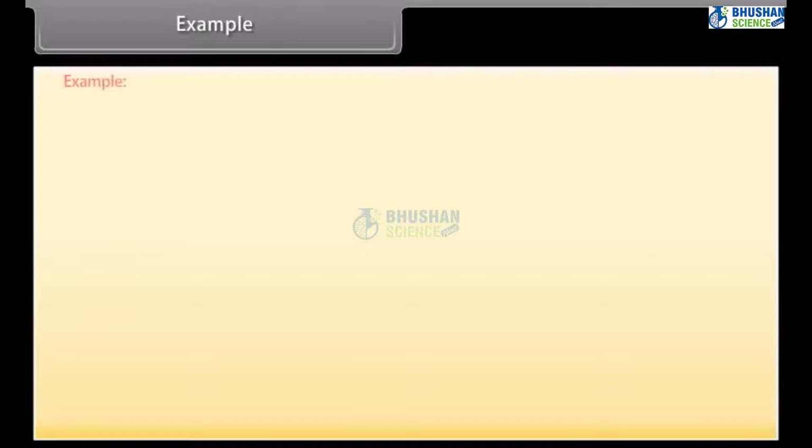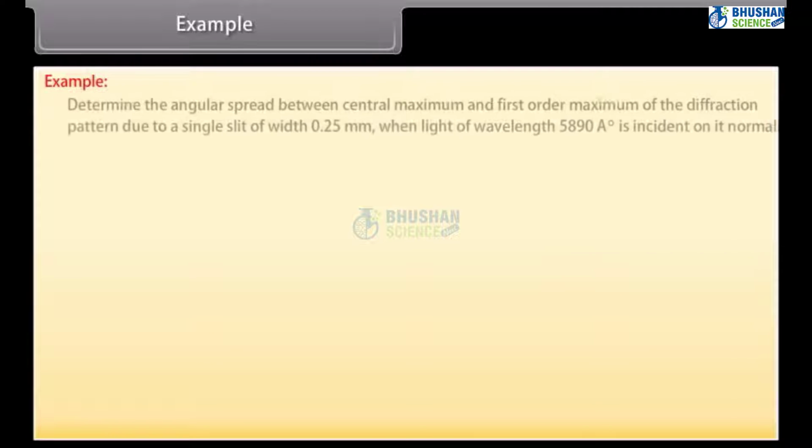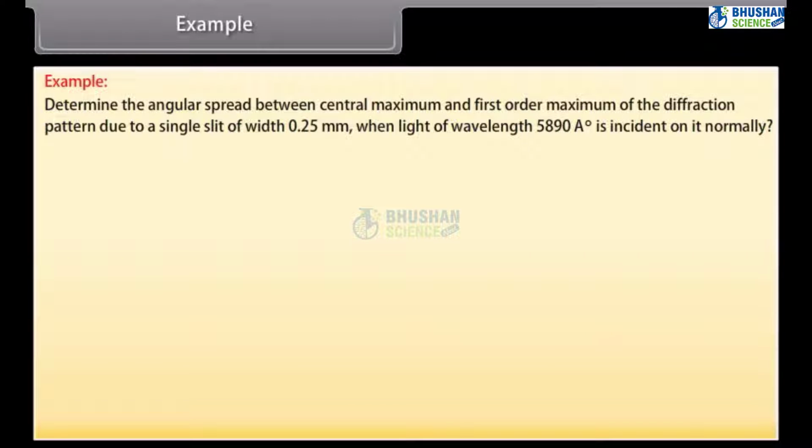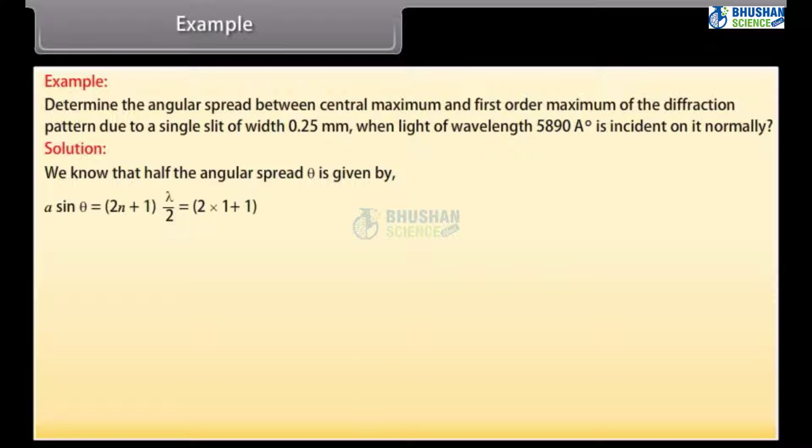Example. Let's take an example on diffraction pattern due to a single slit. Determine the angular spread between central maximum and first order maximum of the diffraction pattern due to a single slit of width 0.25 mm when light of wavelength 5890 Angstrom is incident on it normally. Let's see the solution. We know that half the angular spread is given by a sin theta equals (2n+1) lambda by 2.